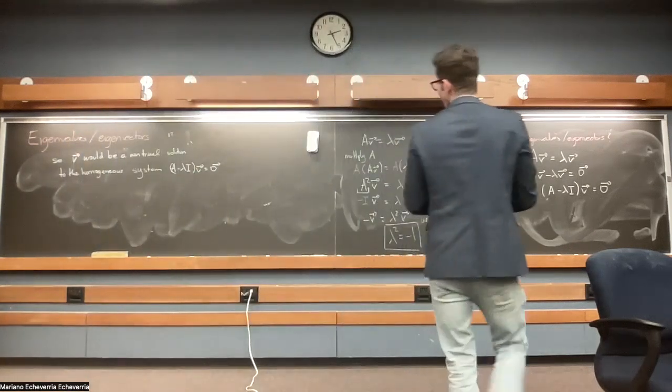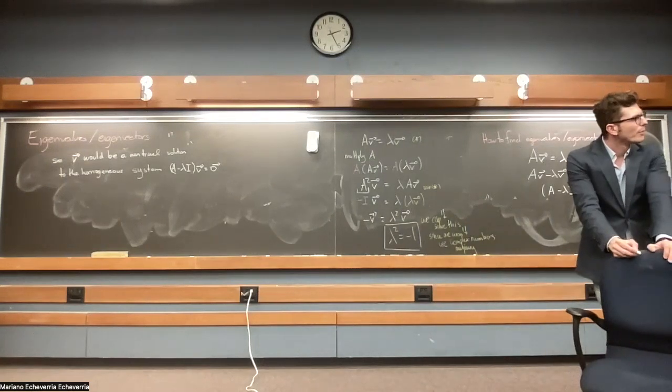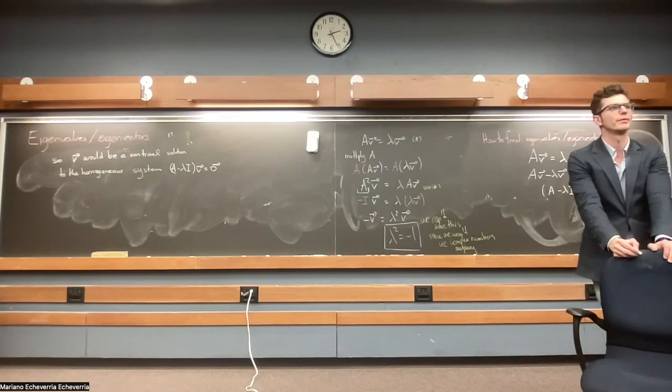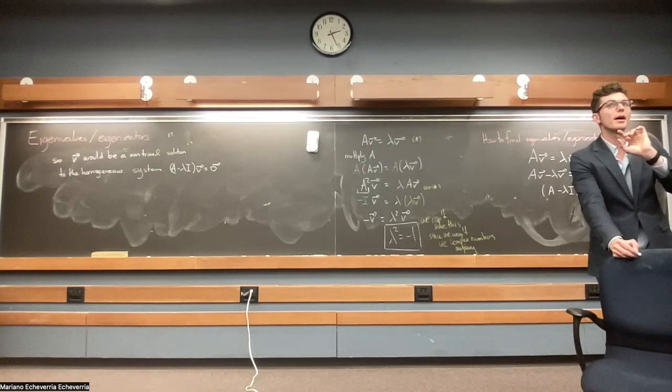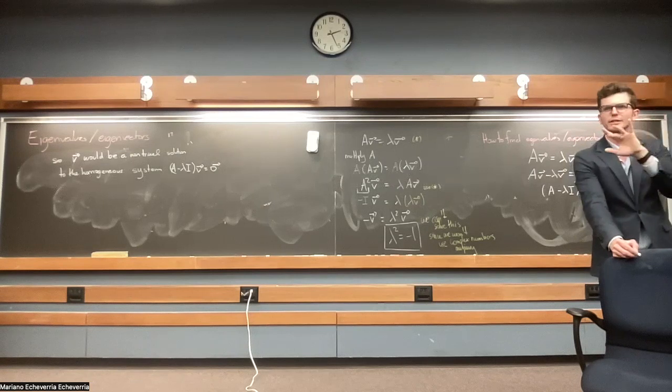Is that making sense so far? So now you have to go back to the material of midterm 1. When does a homogeneous system have a non-trivial solution? What had to happen? It has to do with the nullity.